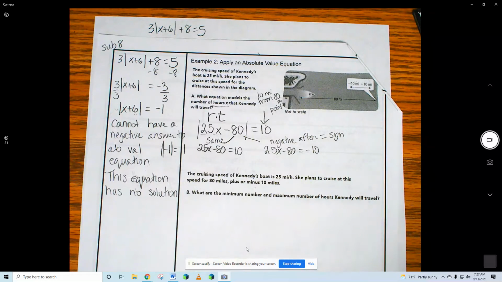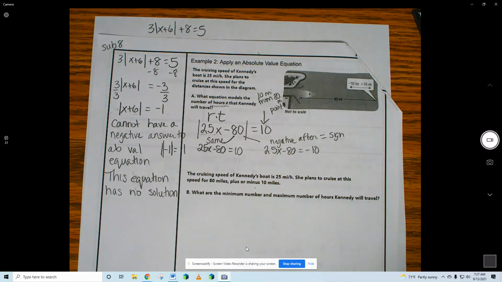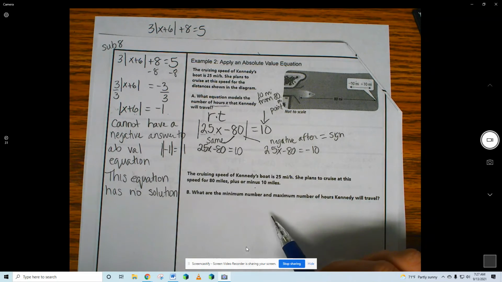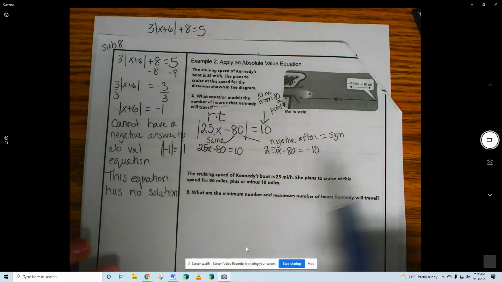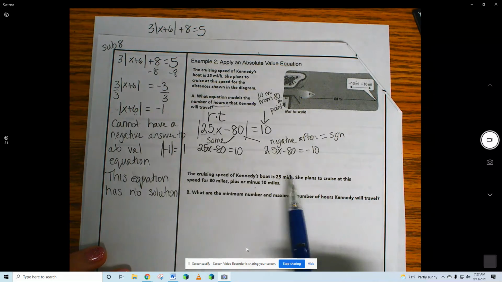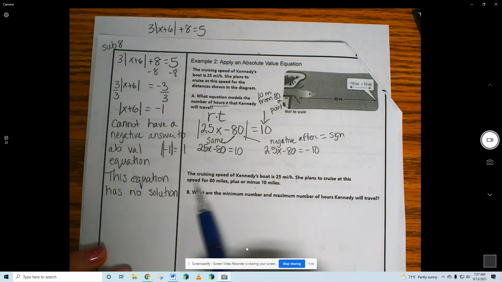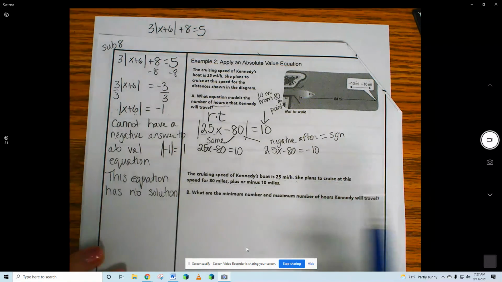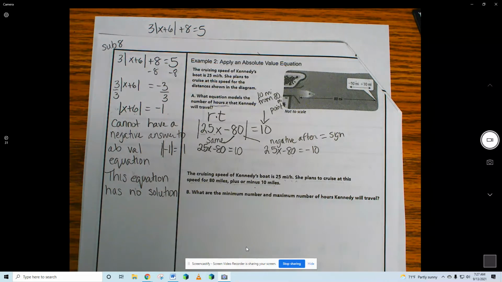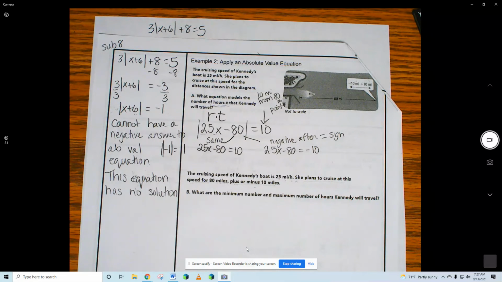So we're still practicing solving. The cruising speed of Kennedy's boat is 25 miles an hour. She plans to cruise at this speed for 80 miles plus or minus 10 miles. Like, she might go 70 miles and she might go 90 miles, plus or minus. So I'm doing two versions.